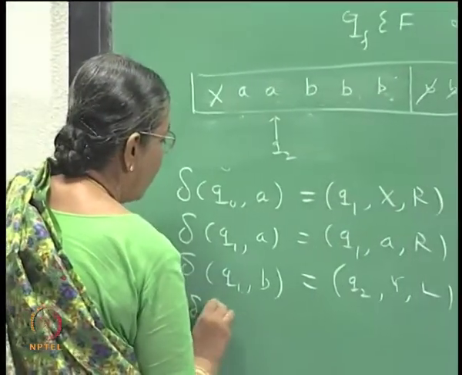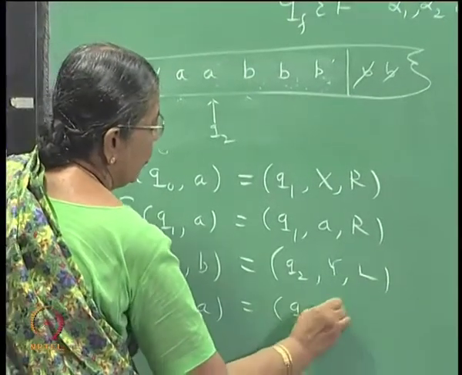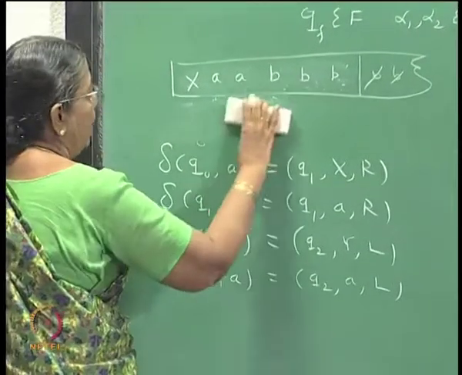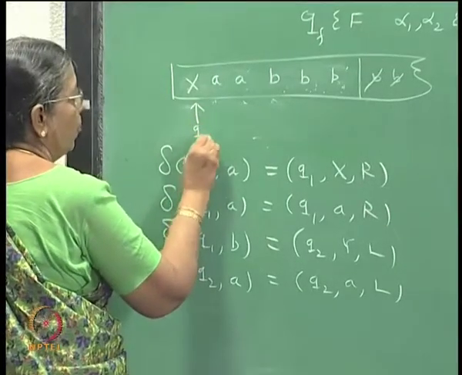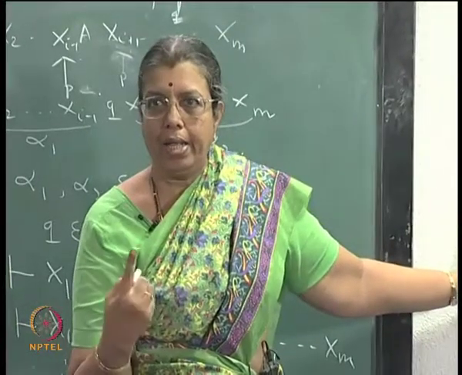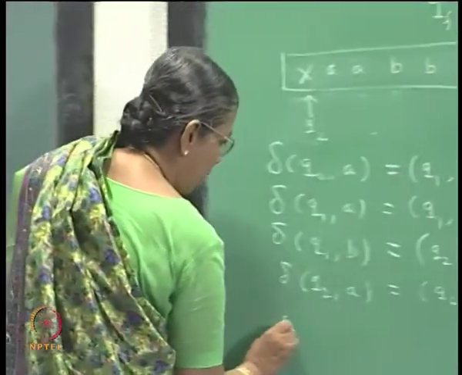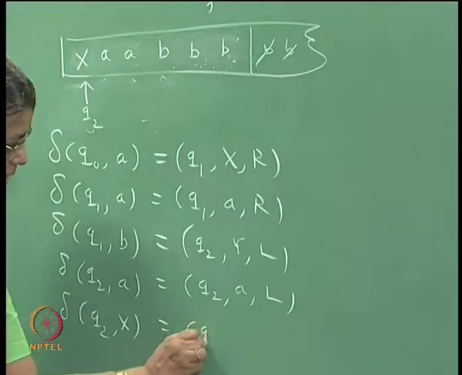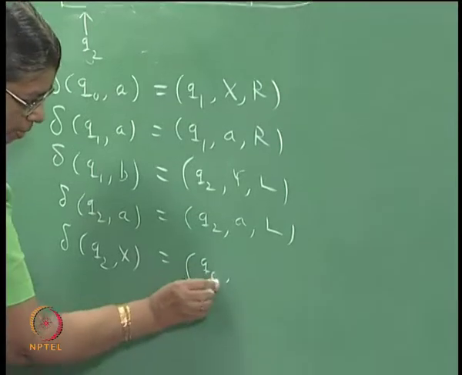So, delta of q2 A is q2 A L, it starts moving like that, and then when it sees the X in state q2, it has to start the process all over again. So, it moves right in state q naught. Delta of q2 X is q0 X R.